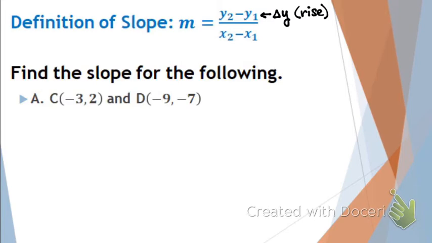Or on a graph, the idea here is like, how far would I count between these two? When you subtract those two y values, you're finding the distance between them. Rise over run. Run is the change in my x values. So I want to find the slope between these 2 points.